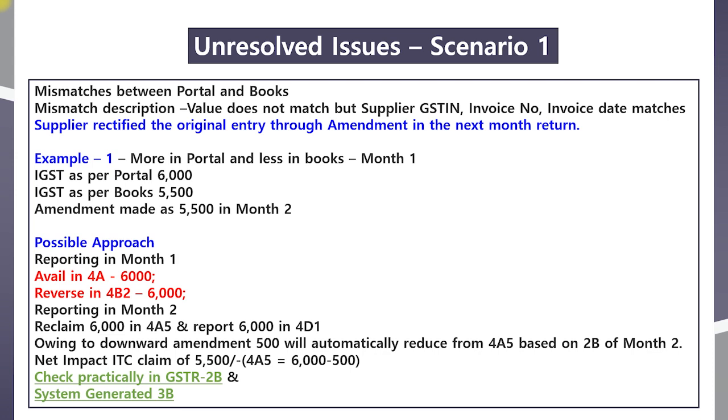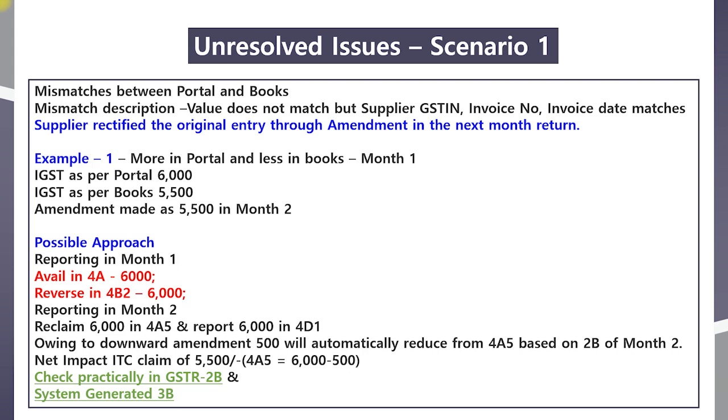What is the possible approach we may adopt for the reporting? In month 1, we will avail 6,000 and reverse the entire thing under temporary reversals, because next month when he makes the amendment, we should be able to give effect to that. So in month 1, I will avail 6,000 in 4A and reverse it in temporary reversals in 4B2, 6,000. In month 2, I will reclaim this 6,000 in 4A5 and report 6,000 in 4D1.